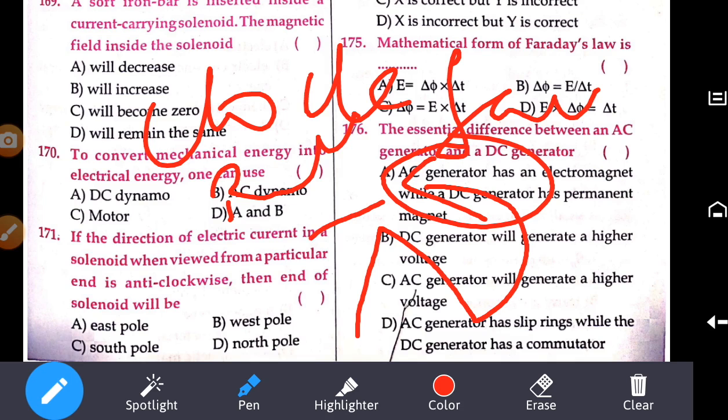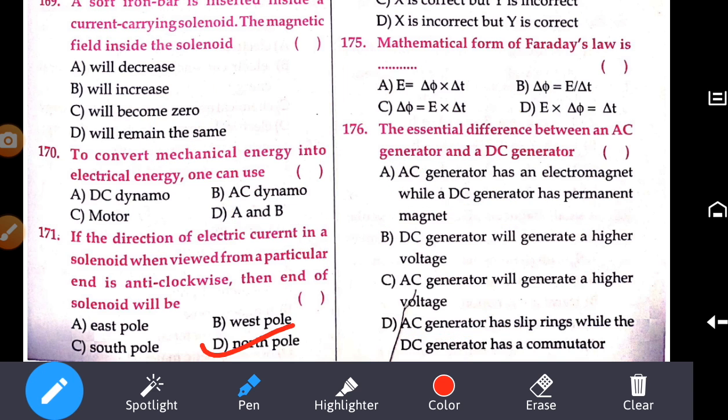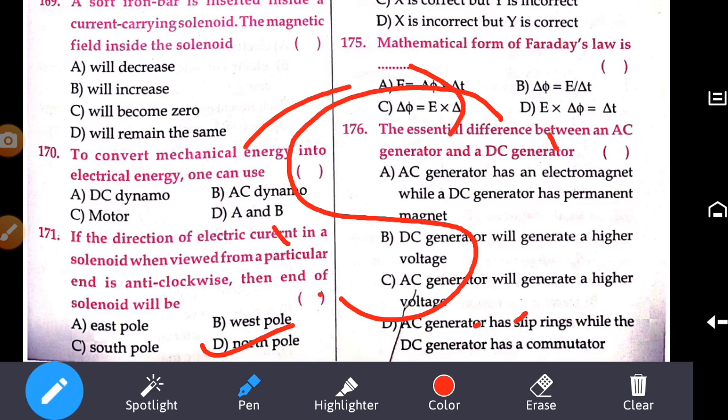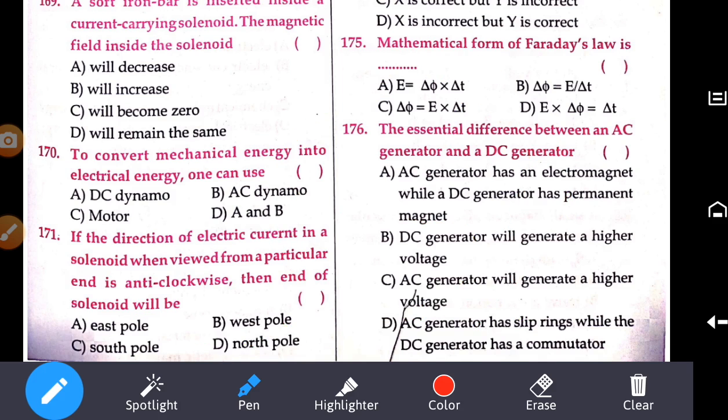If it is anti-clockwise, it shows the north pole, so option D. If it is a south pole, it should be drawn like this. When the current is in the clockwise direction, that face will be south. So here anti-clockwise means north.